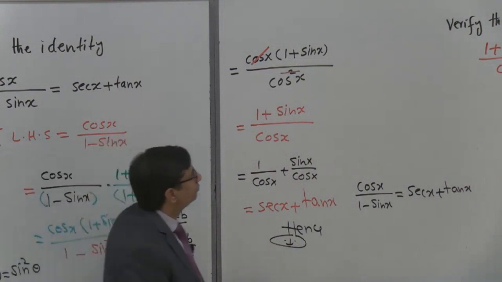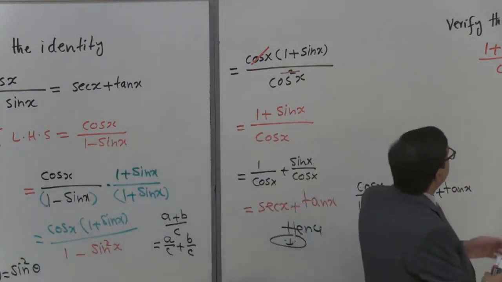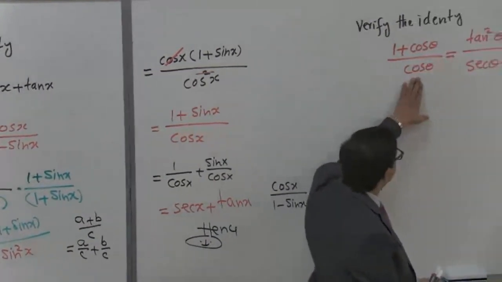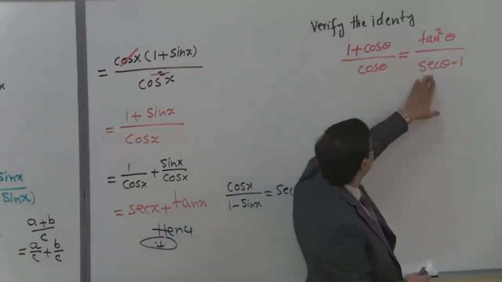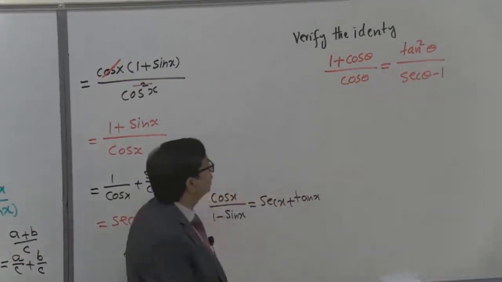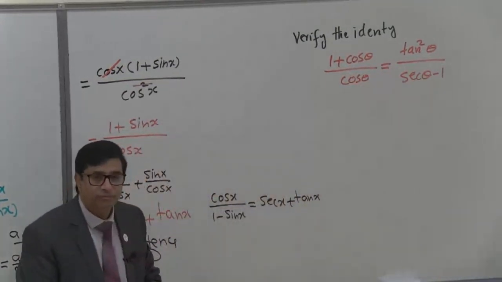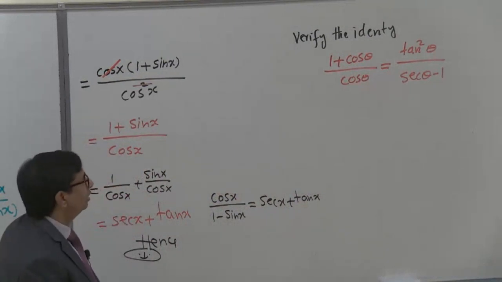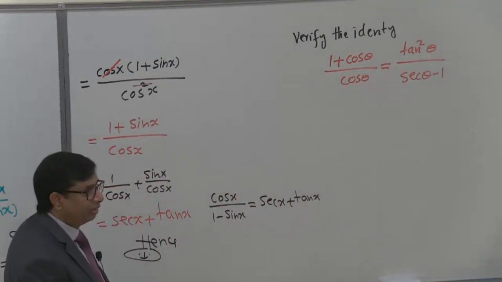Let's try another question. 1 plus cosine theta over cosine theta equals tan squared theta over secant theta minus 1. How can we do this one? You can take left hand side or right hand side. From either side we can prove it.